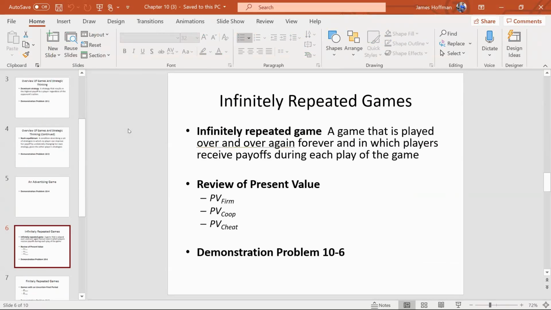Okay, so now we're going to look at games that are played more than once, which changes things. So there are multiple types of repeated games. The first type we'll look at is this type, in which it's played infinitely, like you're assuming they keep playing the game, and that's how you model it.